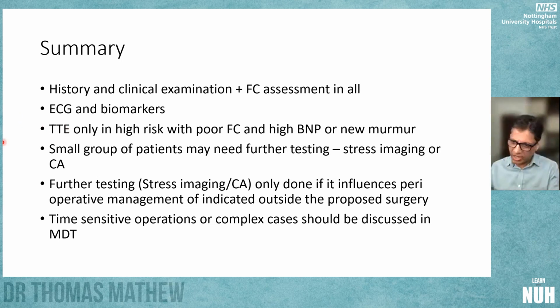Transthoracic echocardiogram, according to this document, is limited to patients with a new murmur with symptoms or patients who are at high risk with poor functional capacity and a high BNP. I would say you should also consider transthoracic echocardiogram if you're detecting new onset atrial fibrillation for the first time and/or multiple VPCs for the first time or a new left bundle branch block.